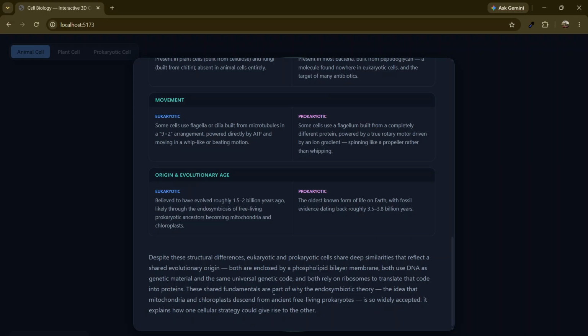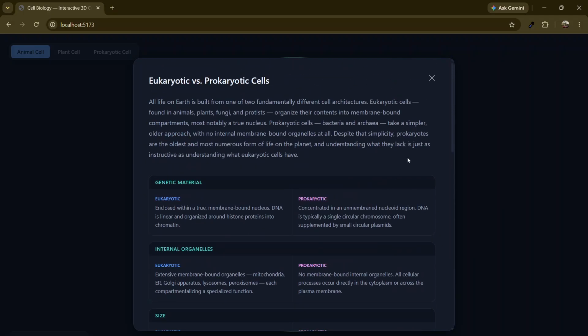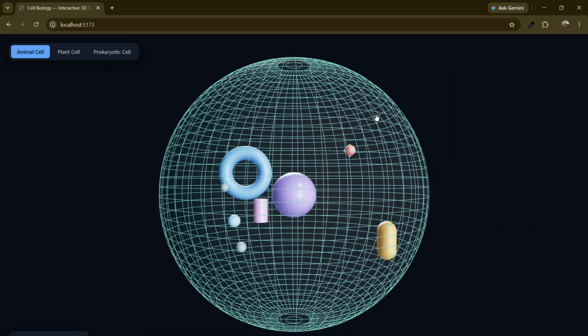These shared fundamentals are part of why the endosymbiotic theory, the idea that mitochondria and chloroplasts descend from ancient free-living prokaryotes, is so widely accepted. It explains how one cellular strategy could give rise to the other. I'm not going to read all this. I've already read more than I should on this project, but there it is.